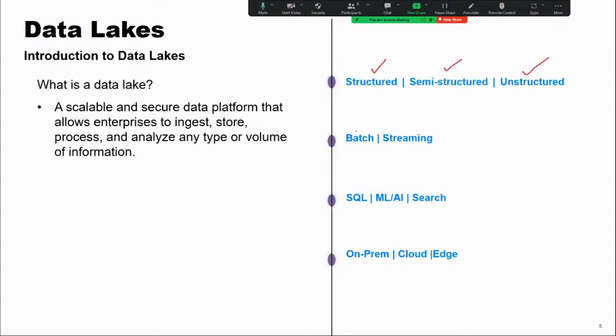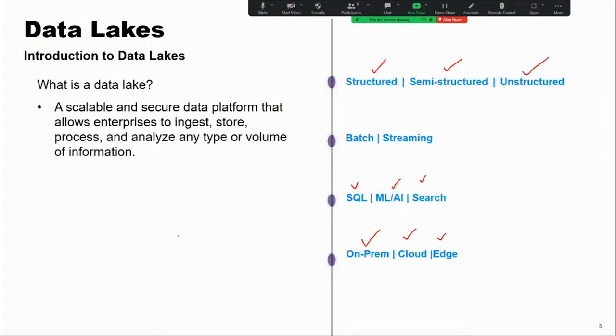We can store batch data or streaming data. It should be able to support SQL, ML, and searching. We can store on-prem data and cloud data. It is a scalable and secured platform to store and retrieve the data for further analysis or processing. So this is what a data lake is.